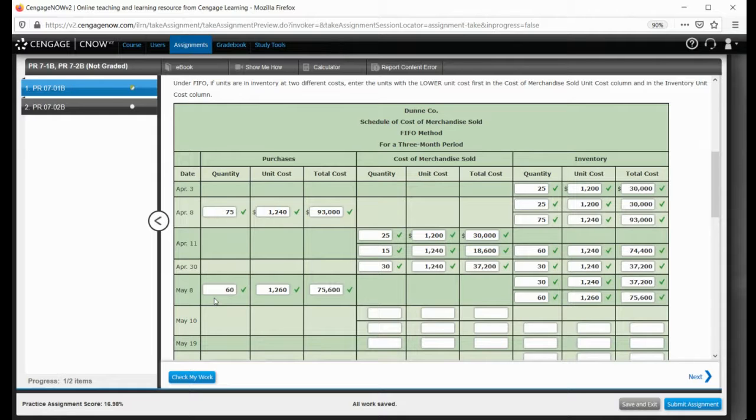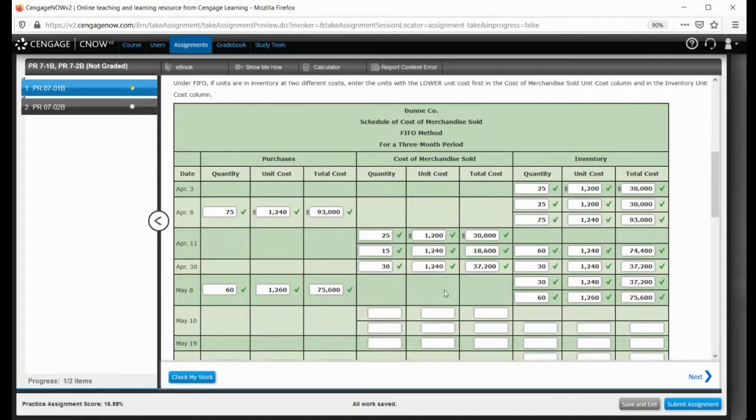We bought 60 units, as you can see that I've recorded here. They cost us $1,260 a piece. So if you multiplied 60 times 1260, it will give you a total cost of that purchase of $75,600.